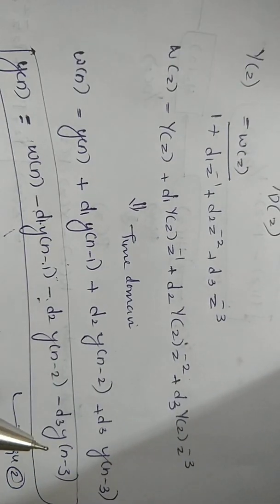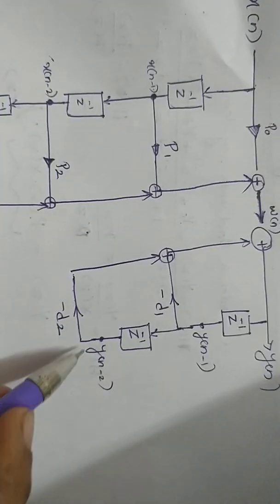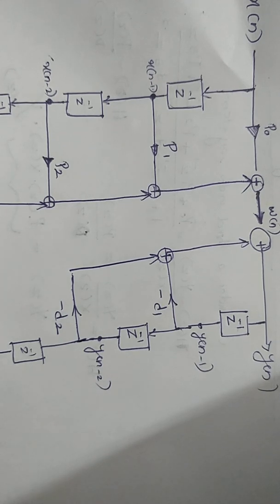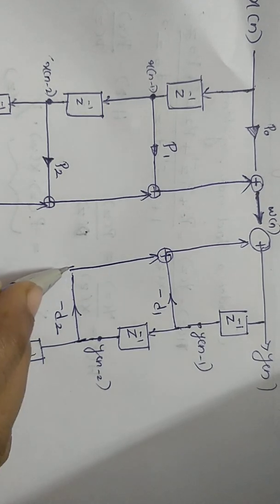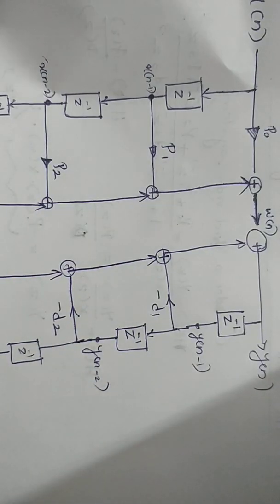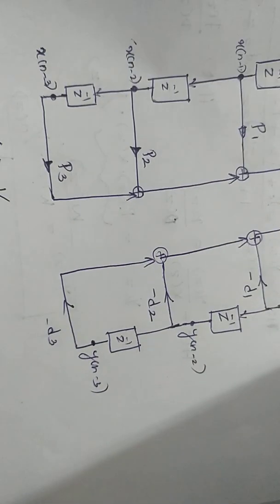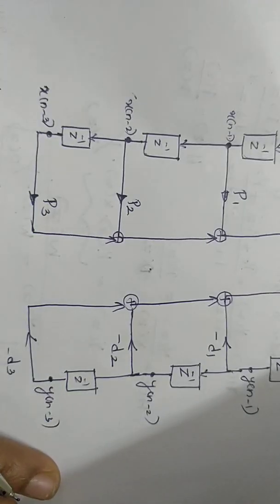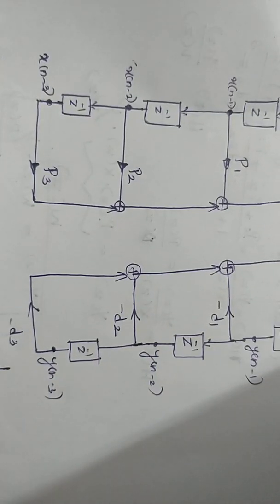Minus d3 into y of n minus 3. So another delay term, minus d3 into, here it is y of n minus 3. Okay, so the structure in direct form 1 is ready.